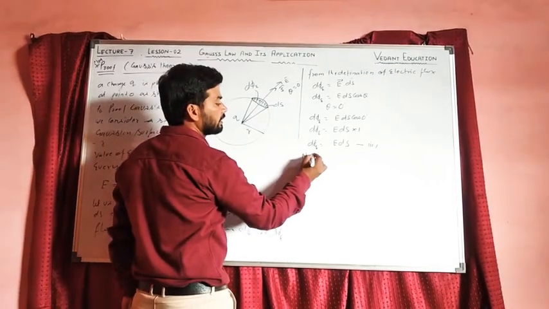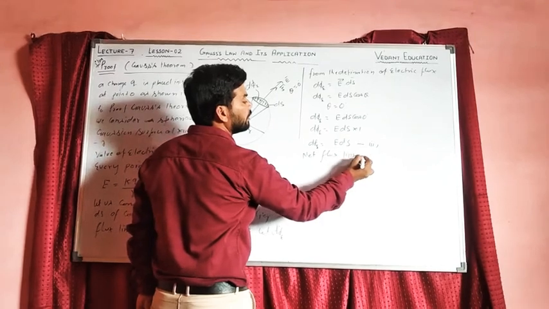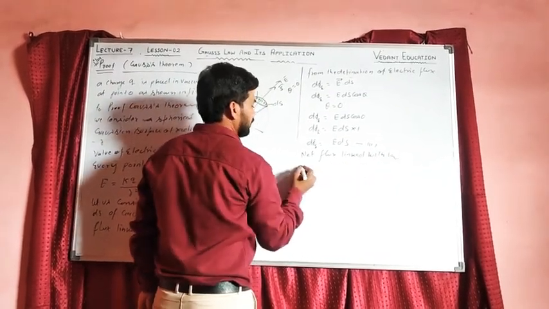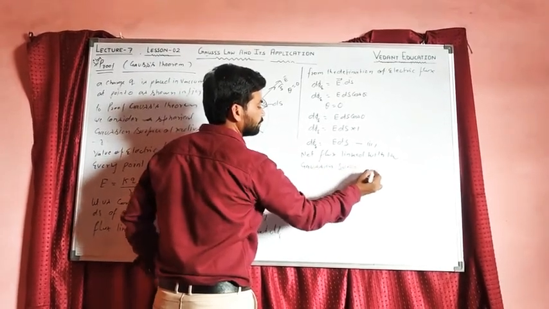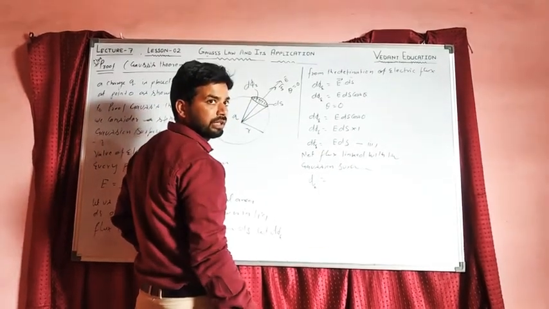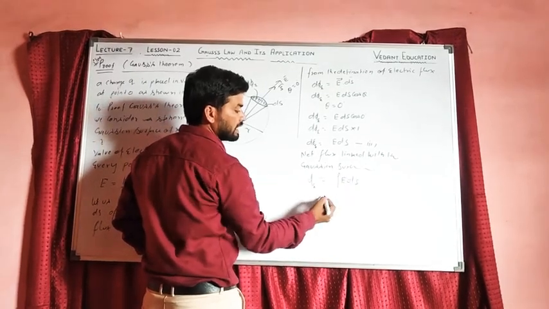The net flux linked with the Gaussian surface is phi e. On integrating the above equation, phi e equal to integral of E ds.